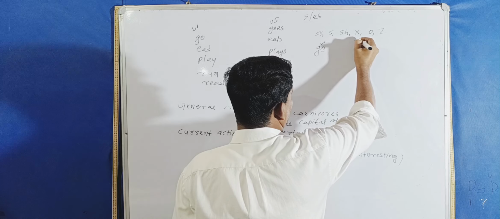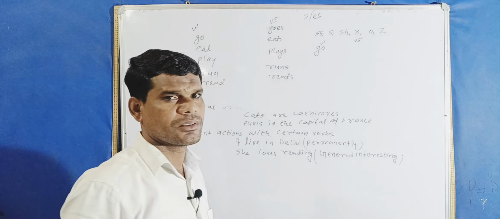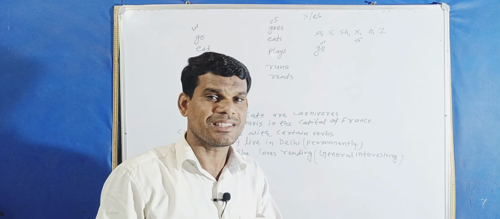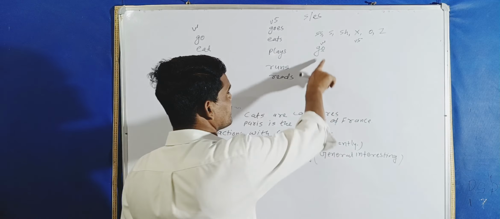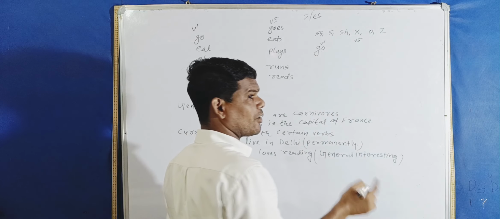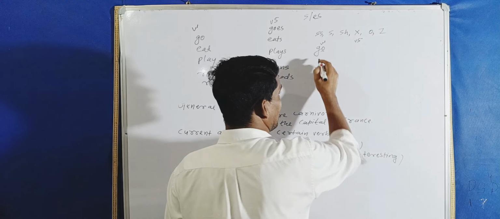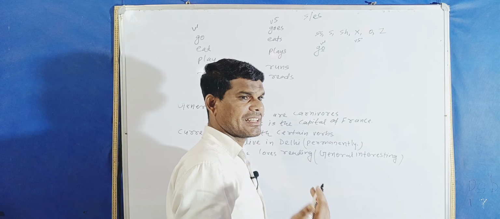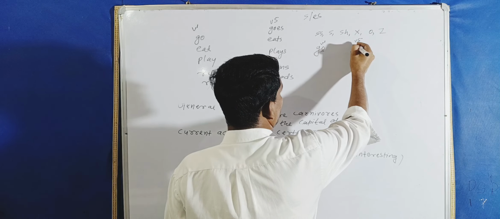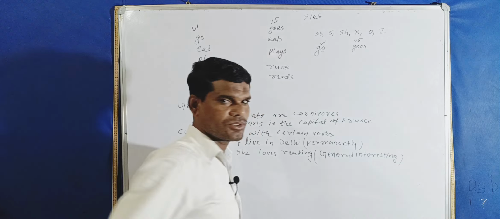To make this word verb 5, we have to add es at the end of this root word. Go, es, goes.